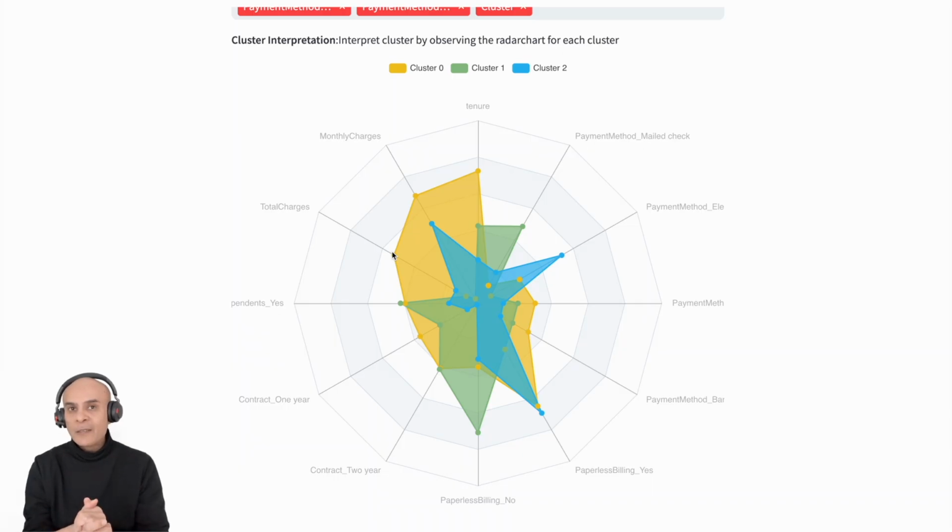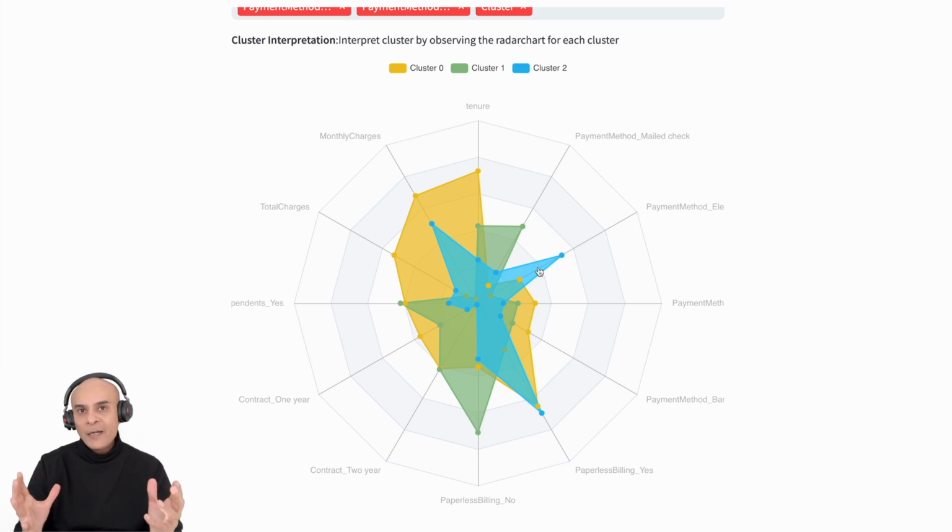So this means that the orange cluster corresponds to your high fidelity customers. And if you see the green cluster, it corresponds to medium tenure and medium monthly charges. And if you see the blue area, it corresponds to the customers who do not have a very high tenure. So these are your non-fidel customers.